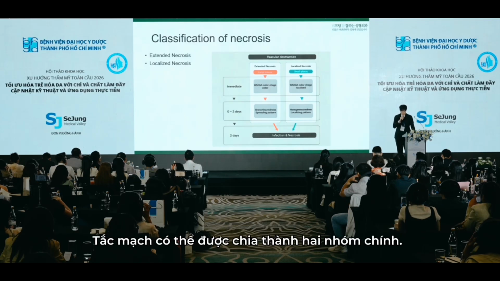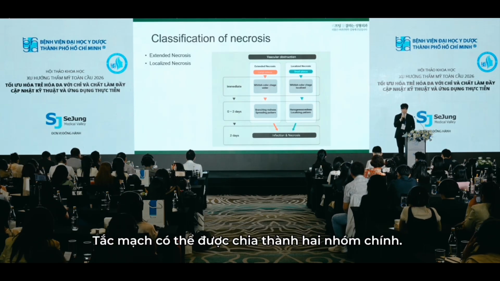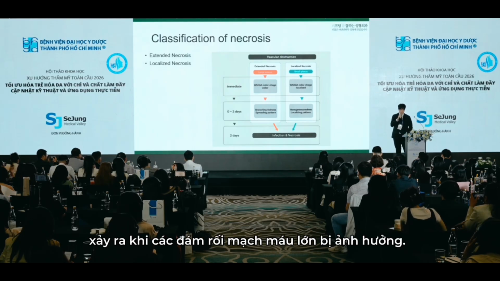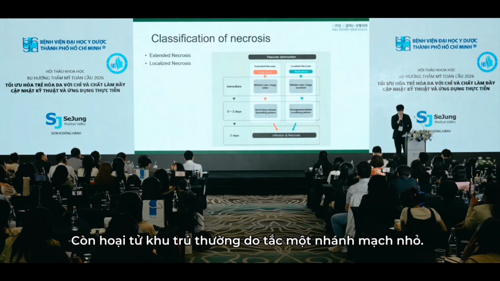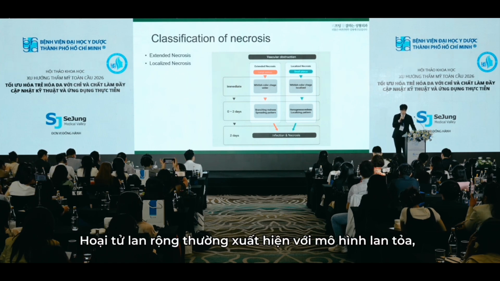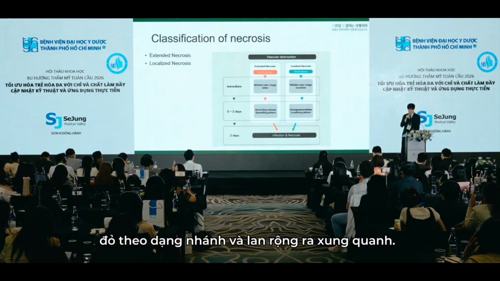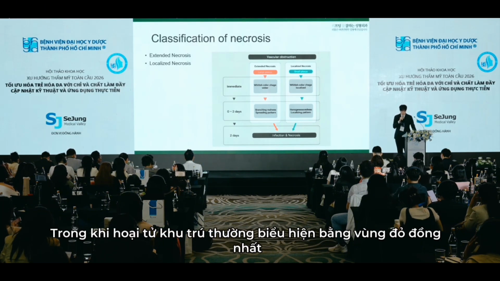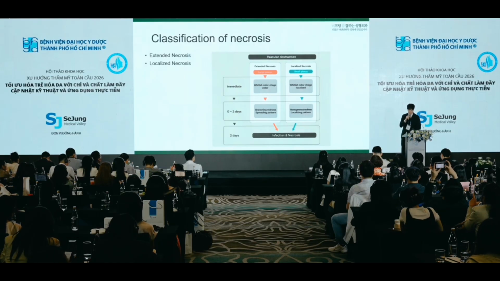Vascular obstruction can be divided into two main types: extended necrosis, which occurs when large vascular plexus are affected, and localized necrosis caused by occlusion of a small vascular branch. Extended necrosis usually appears with branching redness and spreading pattern, whereas localized necrosis presents a homogeneous redness, localized pattern.